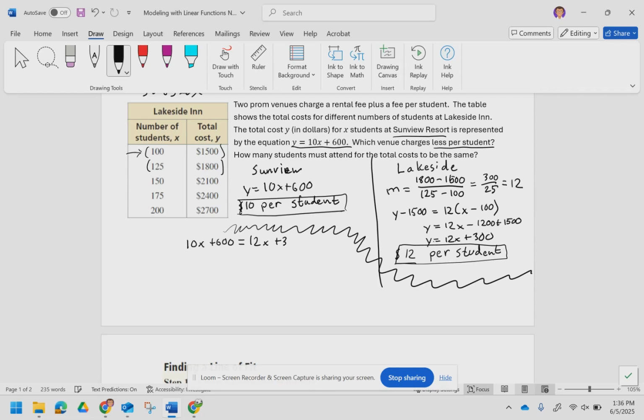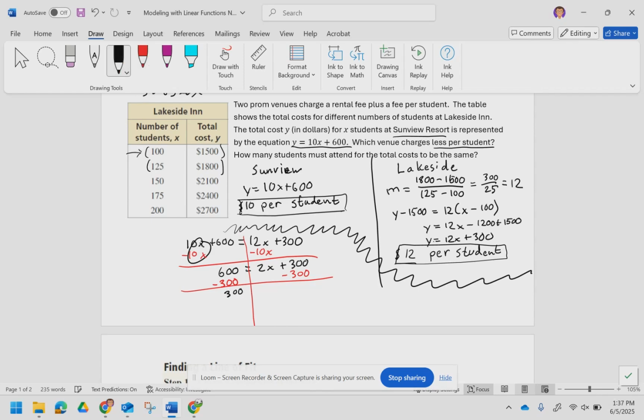12x plus 300. We've got our variable on both sides, so I'm going to subtract the 10x from both sides. So now that's a 0, and we just have 600 is equal to 2x plus 300. Let's get the constants to the other side by subtracting 300 from both sides.